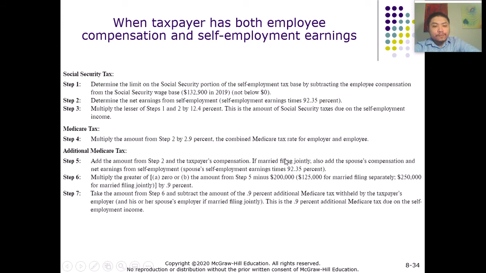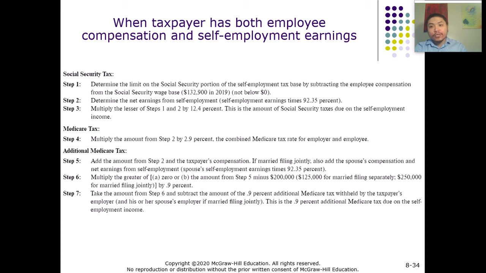The reason behind this step is, here we just try to calculate the total compensation, the total income of these taxpayers. So we take the employee compensation of these taxpayers and add it to the net earnings from the self-employment activities. Now we have the total earnings, the total income of this person.